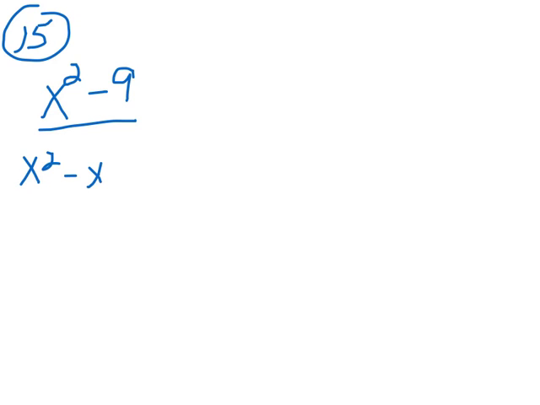All right, the last one that was asked, number 15, the ratio. So it's a ratio, it's a fraction, x squared minus 9 to x squared minus x minus 6 equals the ratio of 7 to 6. Find x.